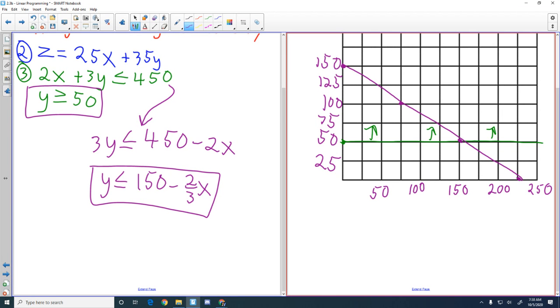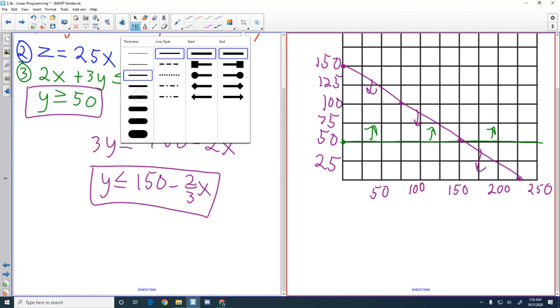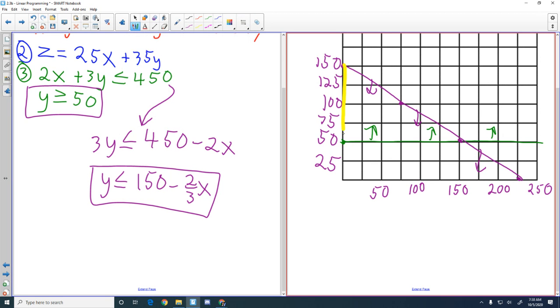That looks like a little L, so I remember, oh, that's a less than. That means below, underneath. And this is it for this problem. There are only those two constraints. And we want to find that feasible region, which is where all the arrows are pointing. And I think most of you can see that this would be this section right here. So that is our feasible region.